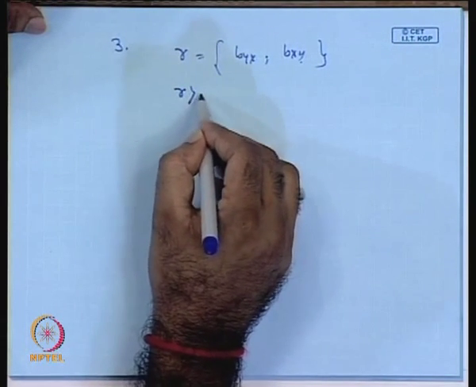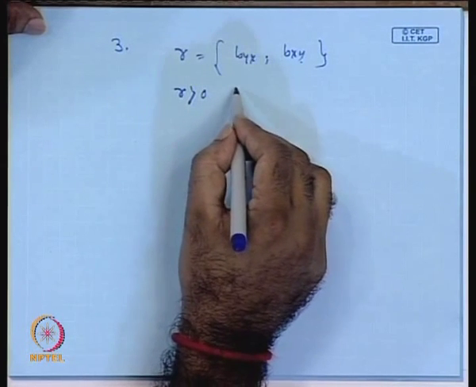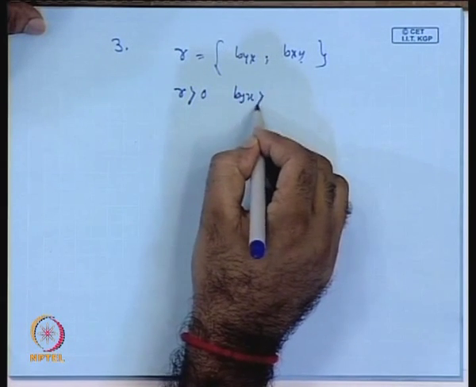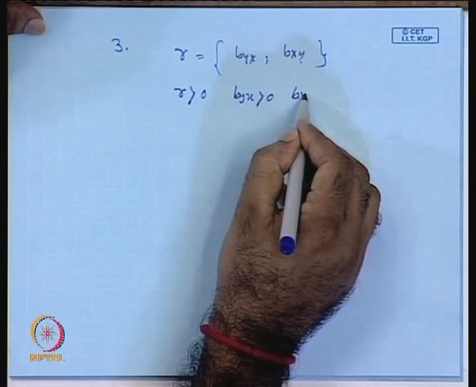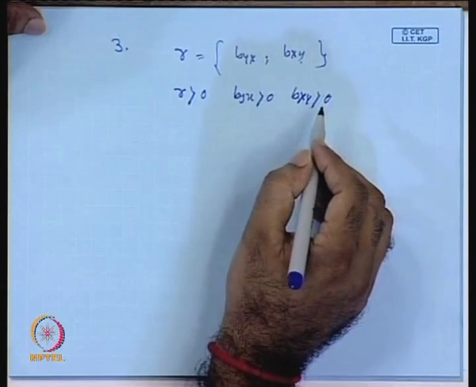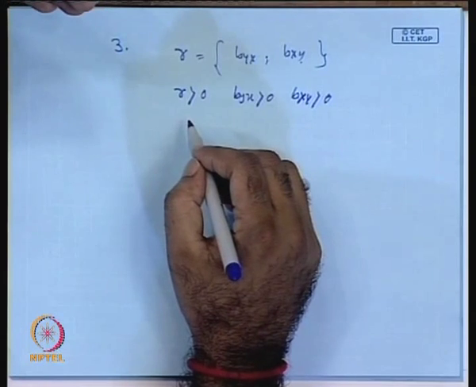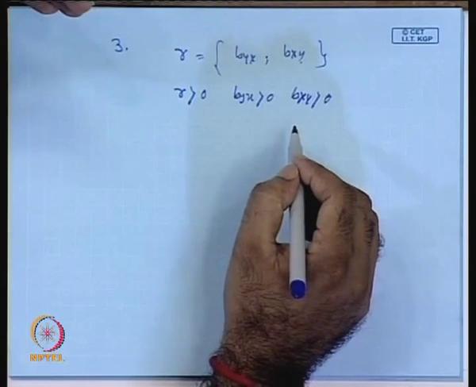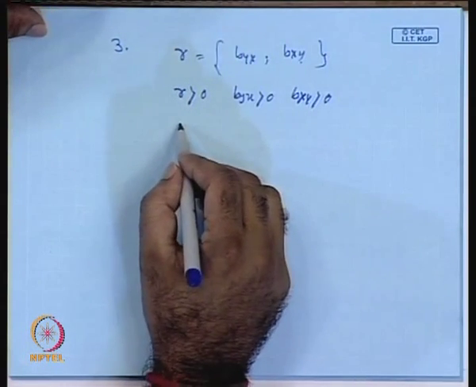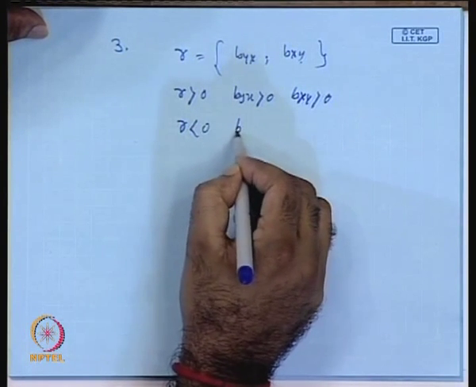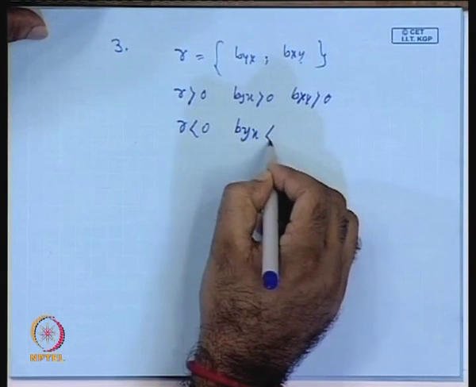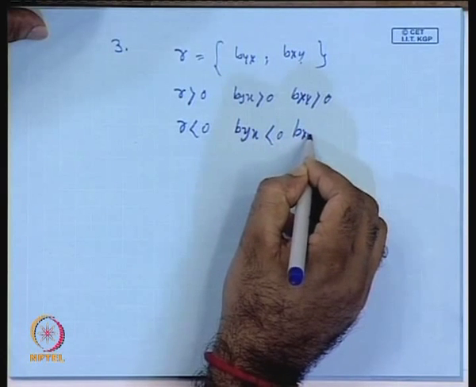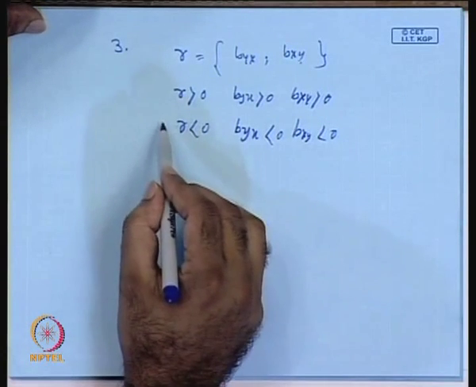If r greater than 0, then Byx obviously greater than 0, Bxy greater than 0. So, that means if Byx and Bxy are positive, then r must be positive. Then if r less than 0, then Byx less than 0, Bxy less than 0. Okay?